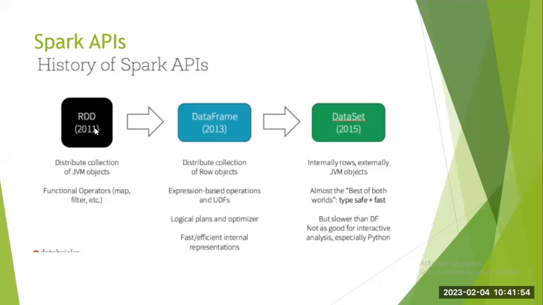In 2011 there was RDD, after that they launched data frame, and then data set. Mostly in the market nowadays they are using data frame only. RDD, data frame, and data set have some advantages and disadvantages. From the admin point of view we don't have to go much in depth, but we should know at least the basic terminology related to these APIs.